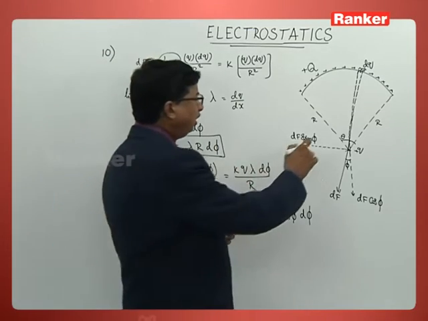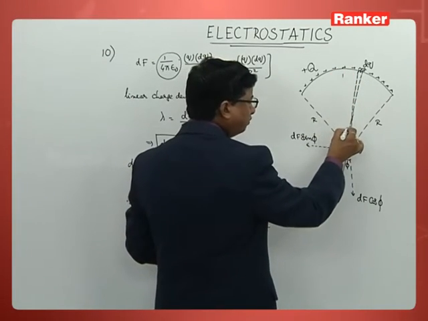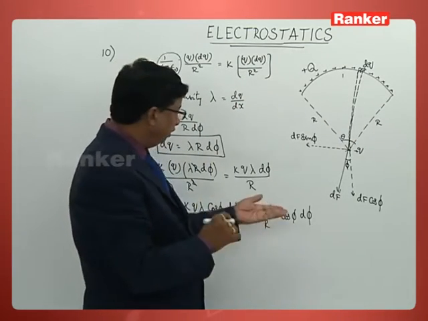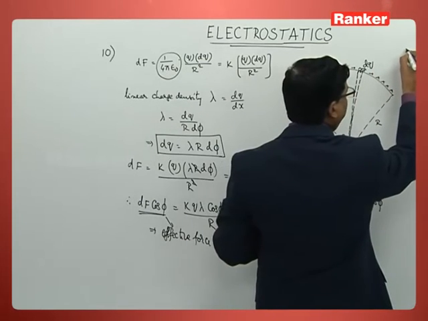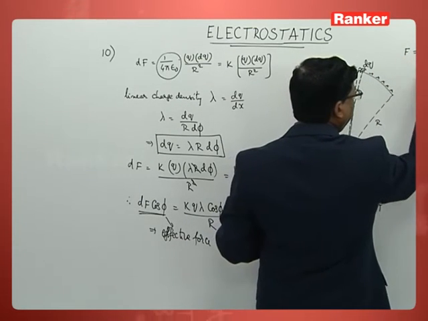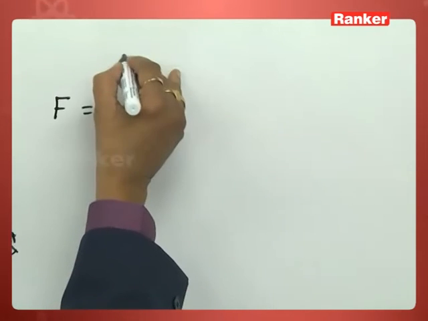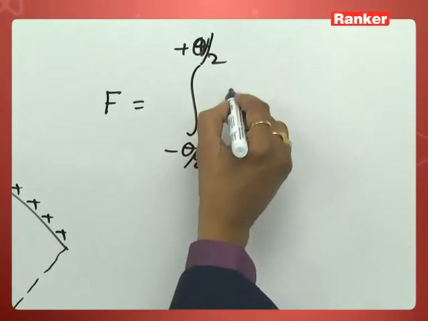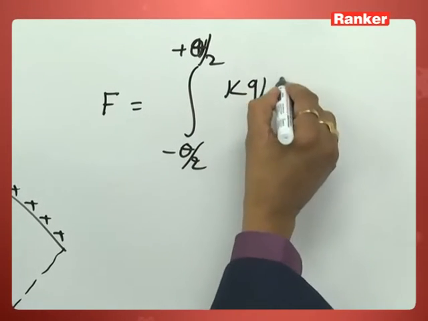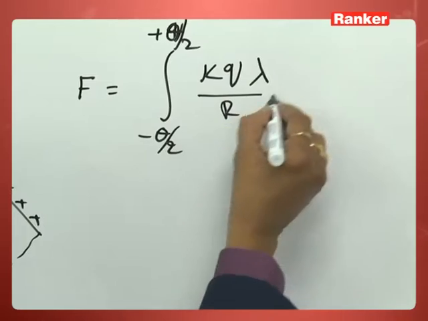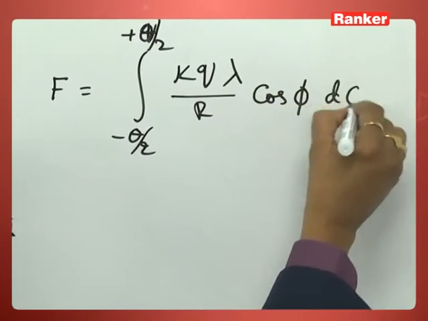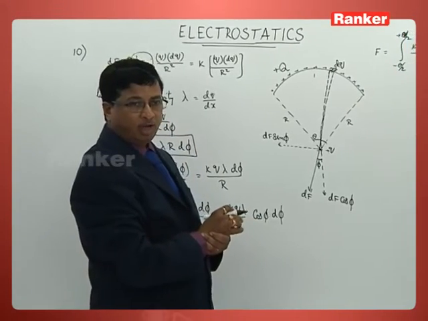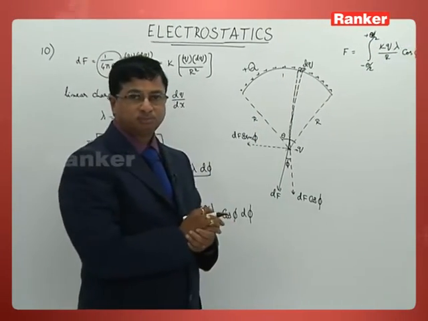You definitely can understand, if I make this one into two equal halves, this angle will be theta by 2, that angle also will be theta by 2. Then how to calculate the effective force now? It is the integral between minus theta by 2 to plus theta by 2 of k q lambda by r into cos phi d phi. I hope this step is clear to all of you.